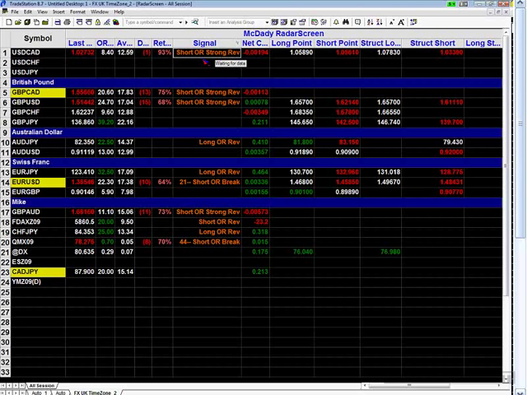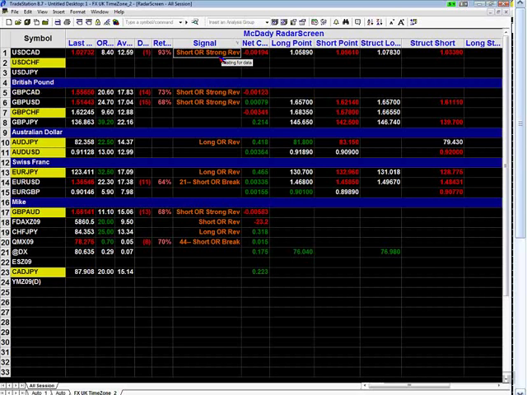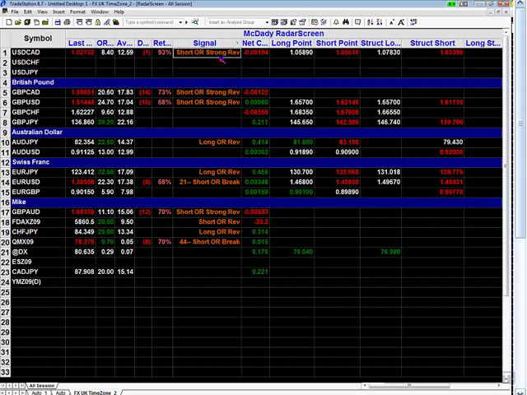For example, the dollar CAD, you see here I have a strong reversal. This means the market has been going in one direction, has turned around, and is now giving me a strong reversal. These strong reversals are quite a strong setup that we need to be looking at, because they usually get some follow through in the following session.